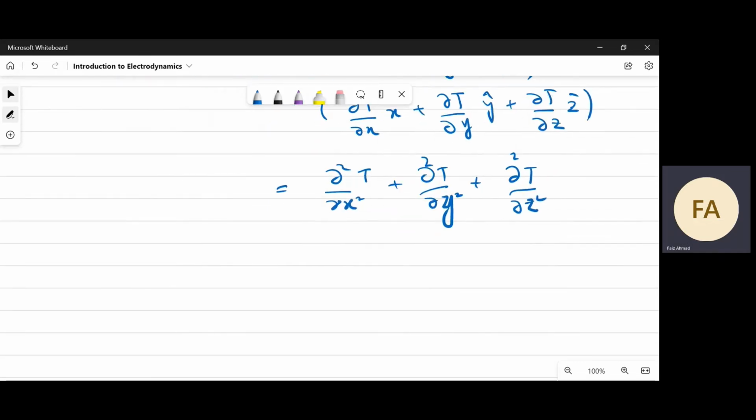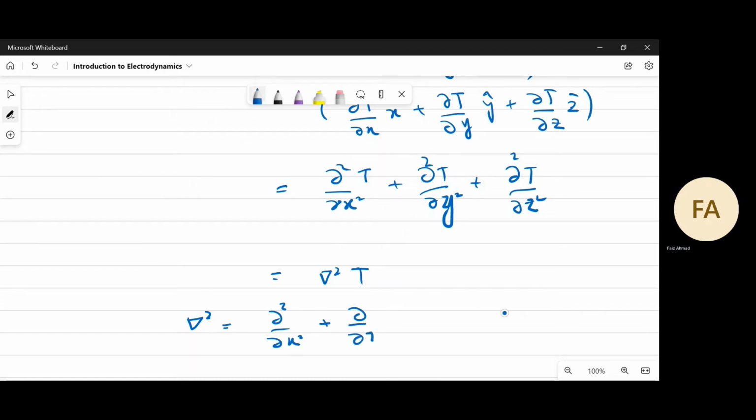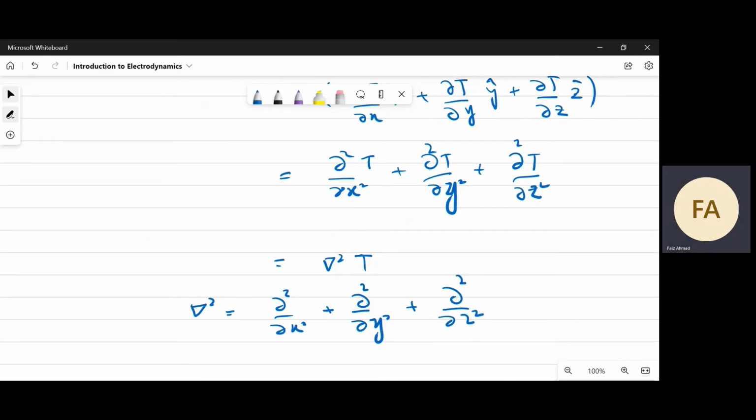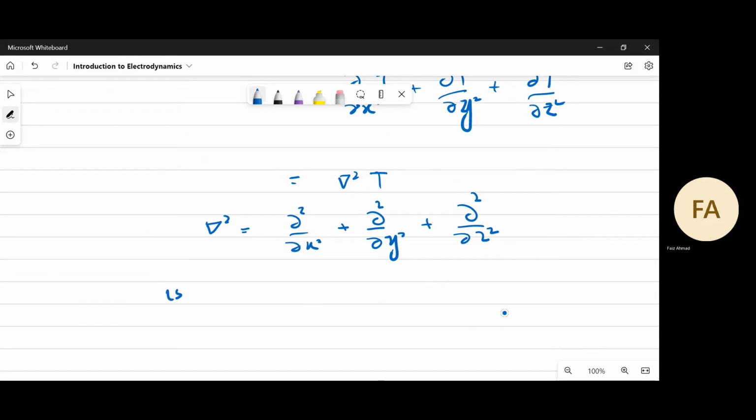So we can write this as del square of t, where del square is partial over partial x square plus partial over partial y square plus partial over partial z square, and it's called the Laplacian operator.